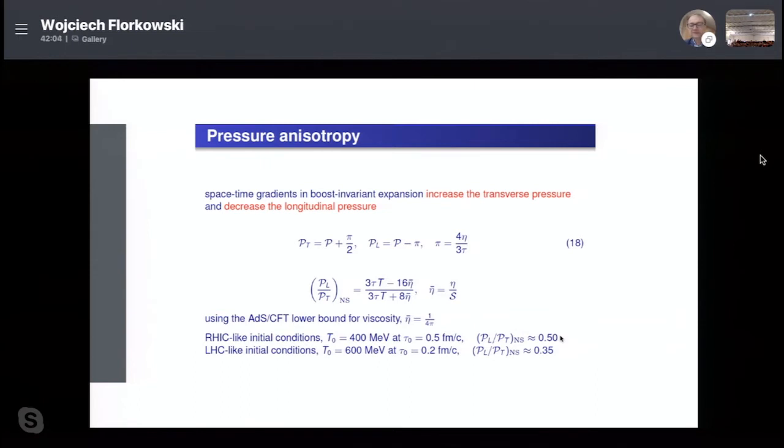The system is not isotropic. For the LHC, the effect is even stronger. The temperature is larger, but usually we start hydro earlier, and then P_L over P_T from Navier-Stokes with the Bjorken geometry is 0.35. This shows that we have to abandon the perfect fluid description of early stages.